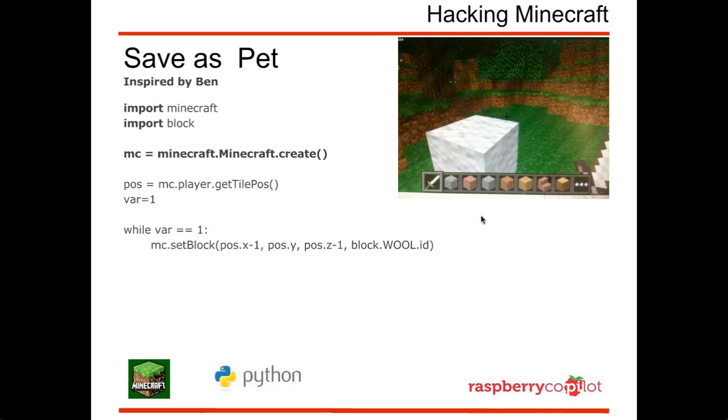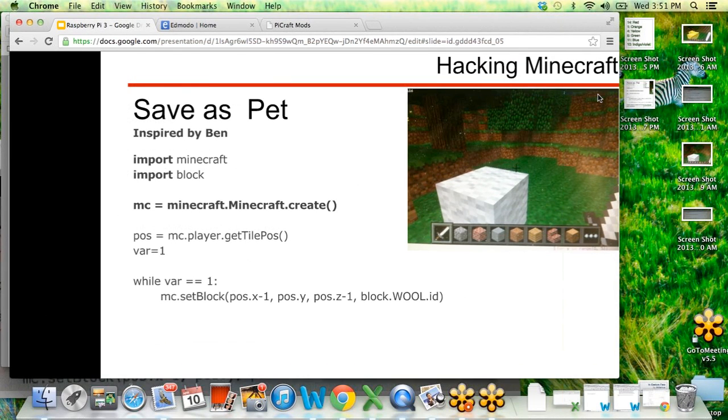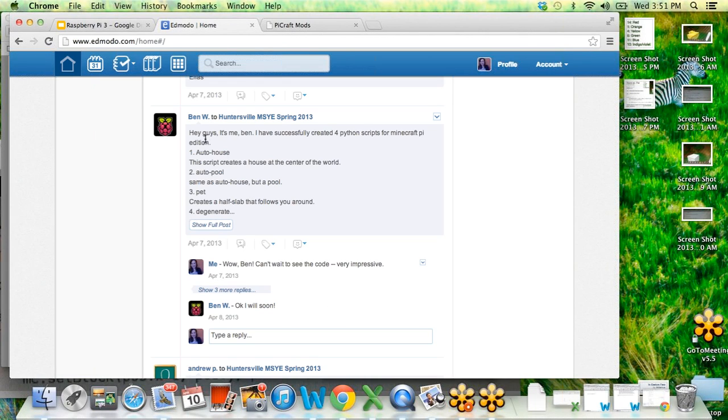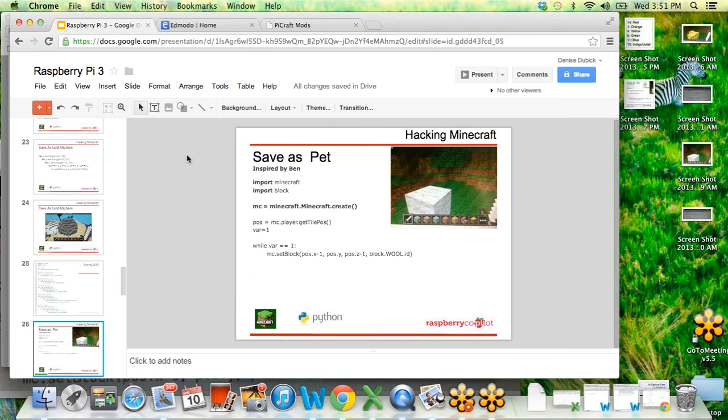But for now, I do want you guys to go ahead and open a new program. This is a program inspired by Ben W. from an earlier class, and he has posted the code today, but this is actually not the code that he wrote.